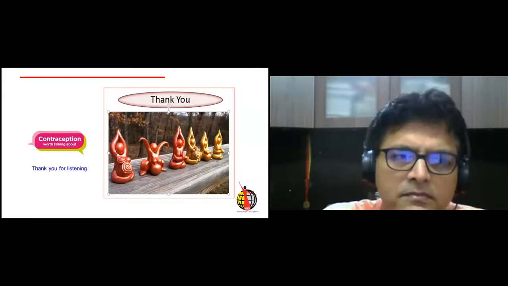And what about the patches, if they are hampered by sweating or bathing? Yes, these may be the problem. That is why it is not so commonly used in countries like India, where sweating is quite common, and that is why in European countries it is more commonly preferred.